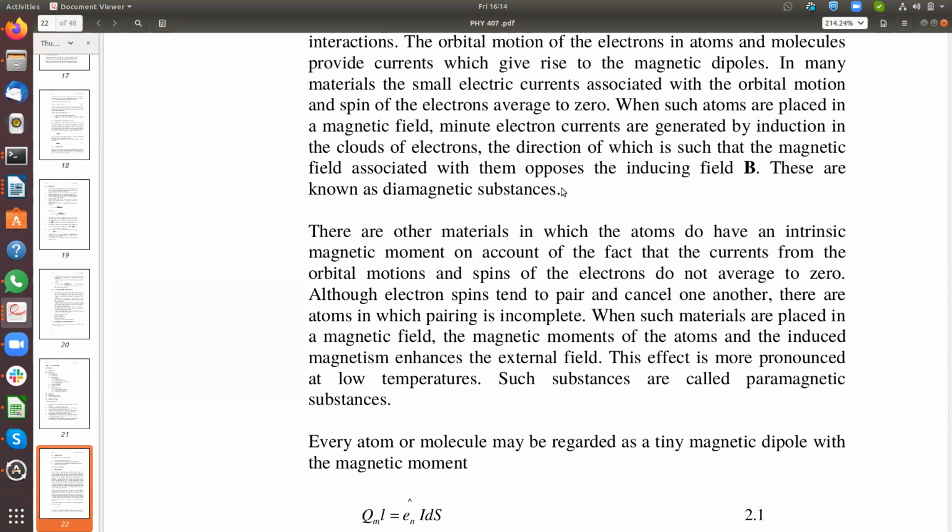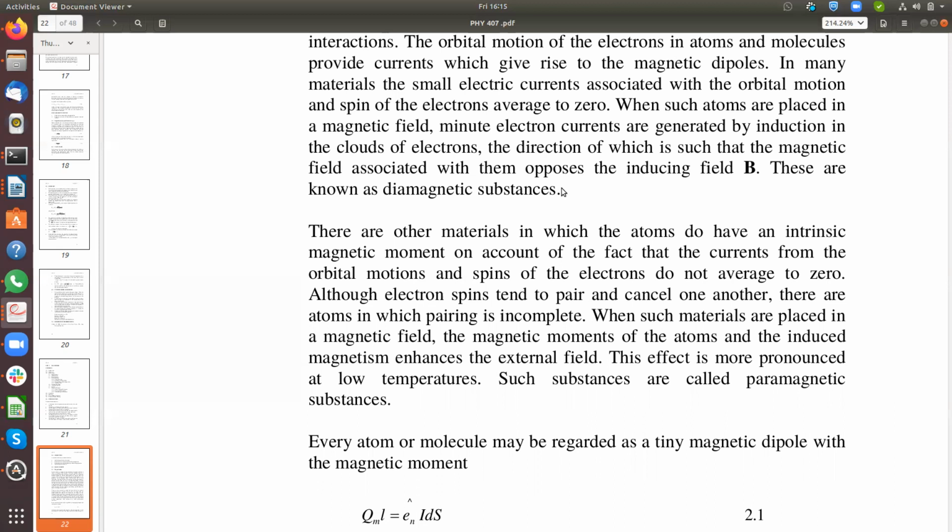So both the spins of the electrons and the orbitals of the electron contribute to the interactions that will take place between these types of materials. An example is when such a material is placed in a magnetic field, the magnetic moment of the atom and the induced magnetism enhance the external field.